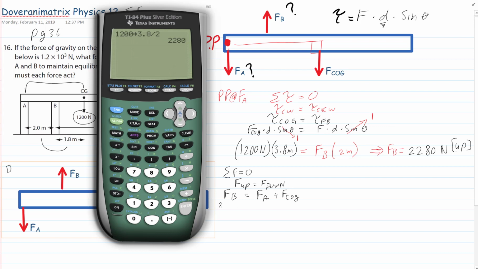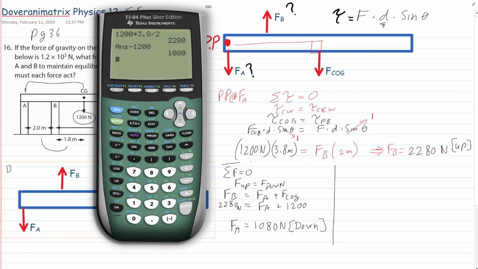FB is 2280 newtons, and FA is what we're trying to figure out, and the center of gravity is 1200, so we'll subtract 1200 from this, and we can get FA that way, which is 1080 newtons down.